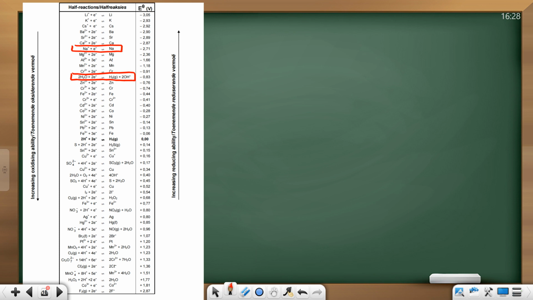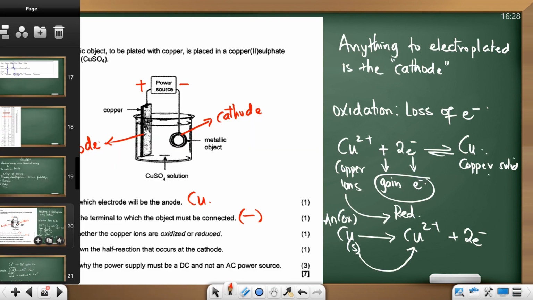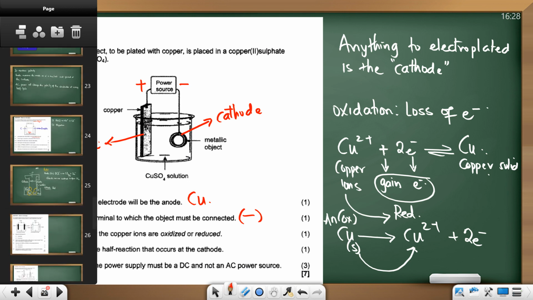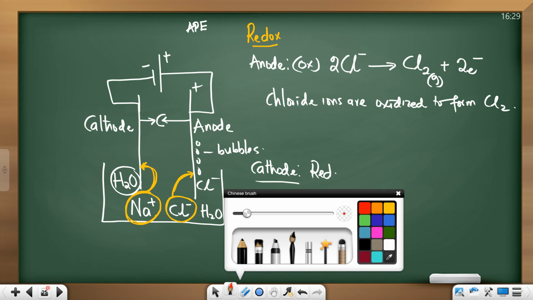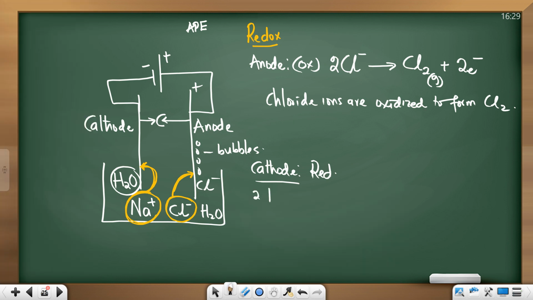Good. Water will be reduced. And look at what it's reduced to. Hydrogen gas and hydroxide ions. So water is reduced. It's 2H2O plus 2e reduced to hydrogen gas.